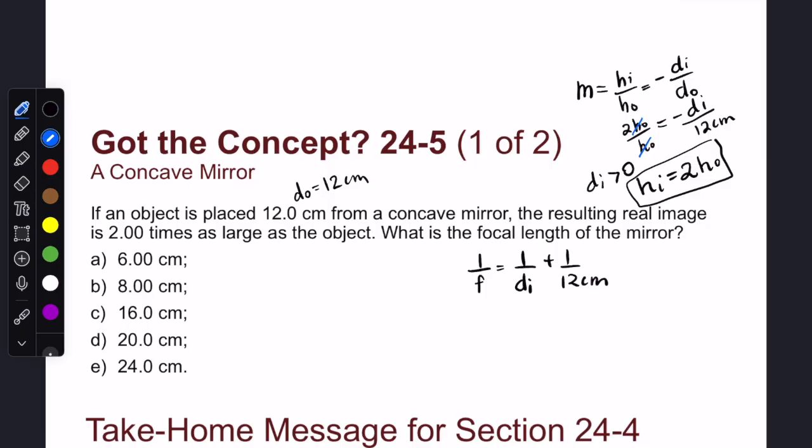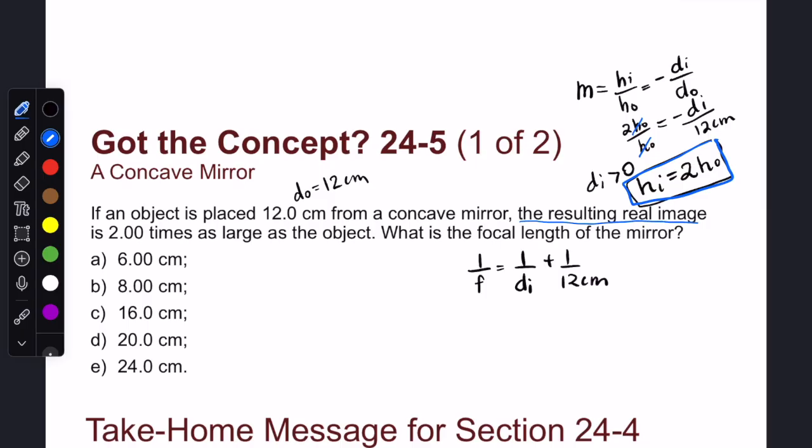However, what did the question tell us? The question told us that the resulting image is real. So shouldn't DI be positive? What happened? Well, we made an assumption, didn't we? When we used this equation, we made an assumption that the image height and the object height were both upright.